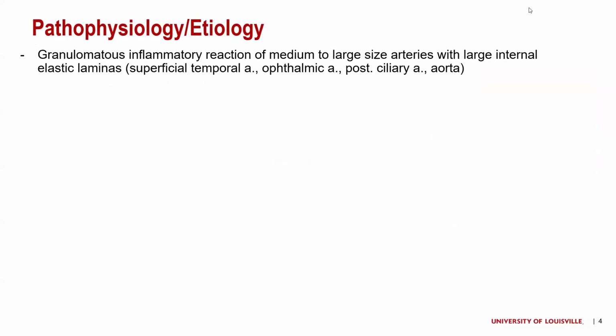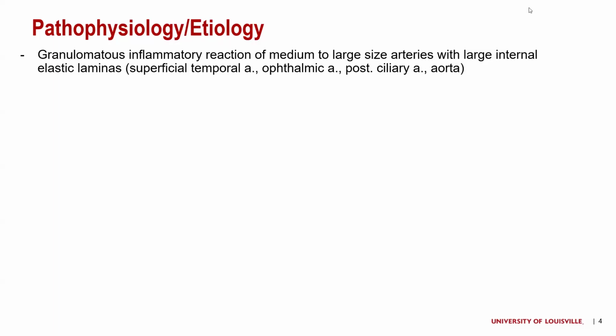So let's talk a little bit about the pathophysiology and etiology of giant cell arteritis. As we discussed, giant cell arteritis is a granulomatous inflammatory reaction of medium to large size arteries. Particularly, what characterizes the types of symptoms is that these tend to affect arteries with very prominent internal elastic laminas.